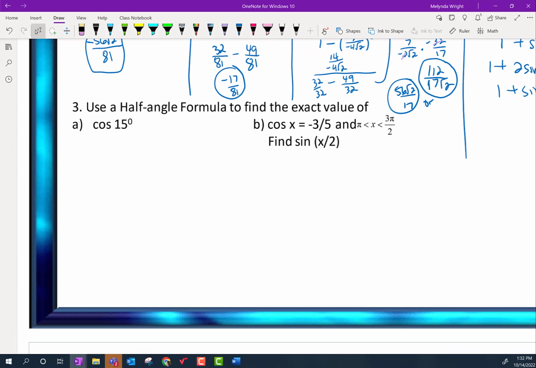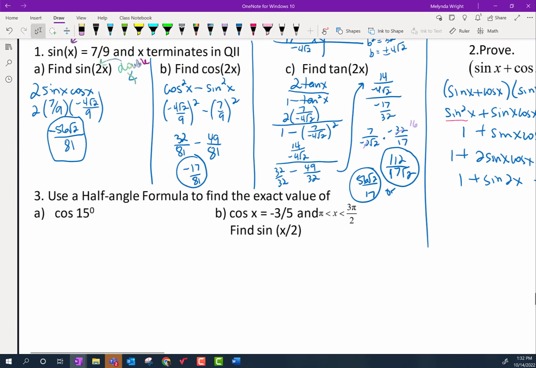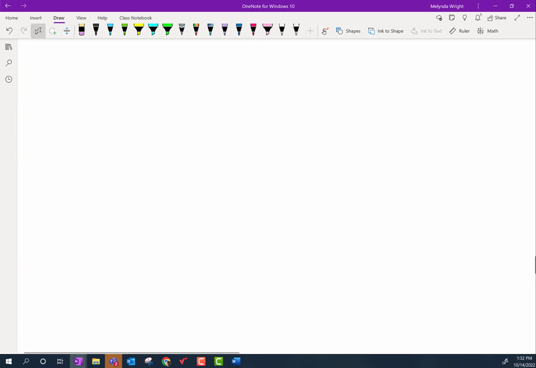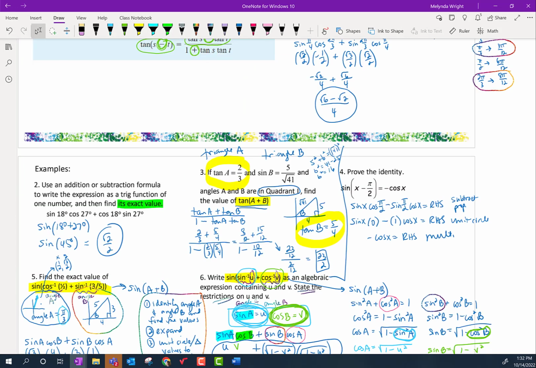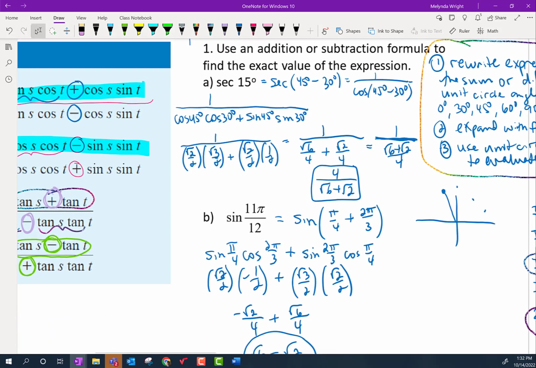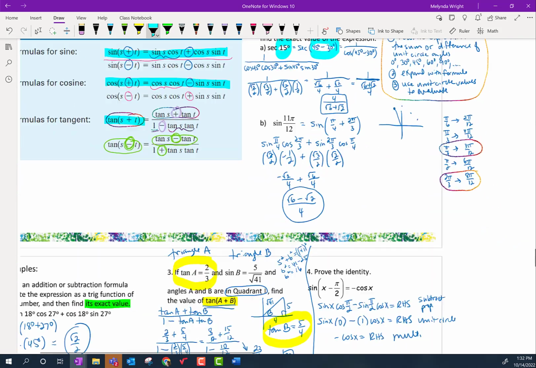Now, what I want to remind you, so let me flip back a little bit to the lesson we did last time. You remember when we were doing the addition subtraction properties and we had to figure out, remember back here, we kind of had to figure out what would make 15? How could I make 15 adding or subtracting? That's the same thing we're going to do with the half angles.